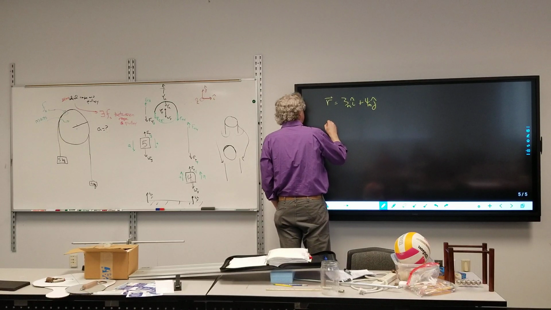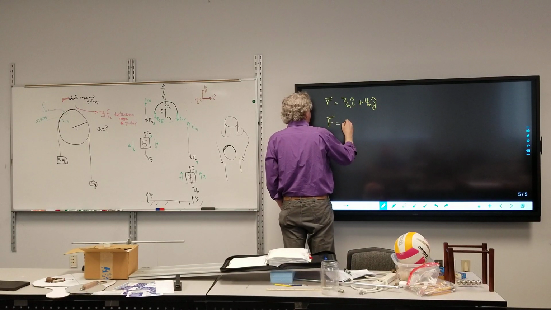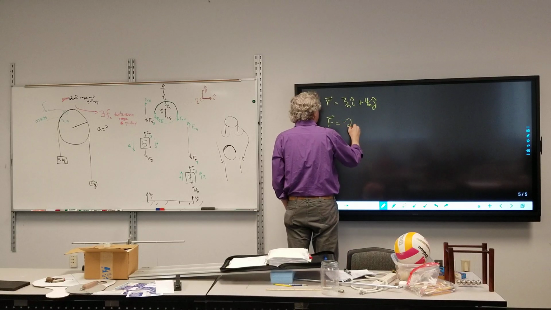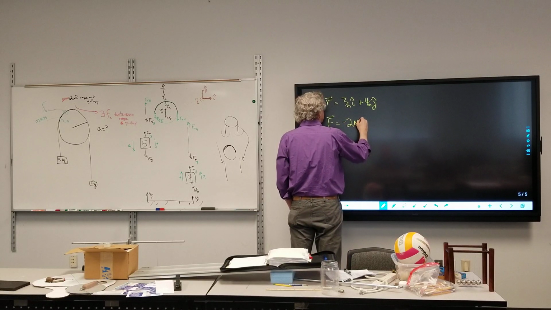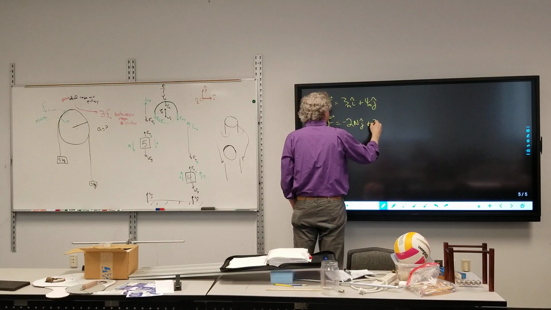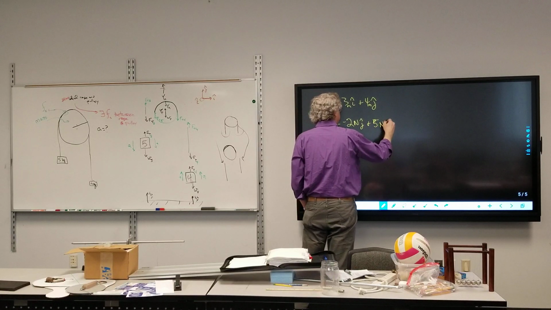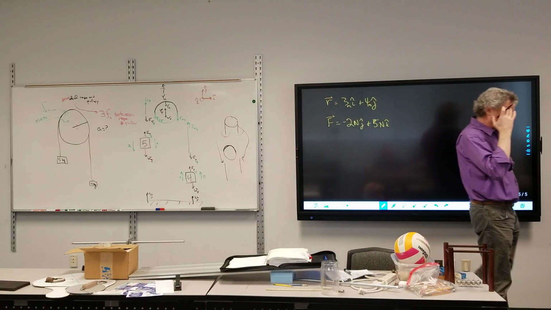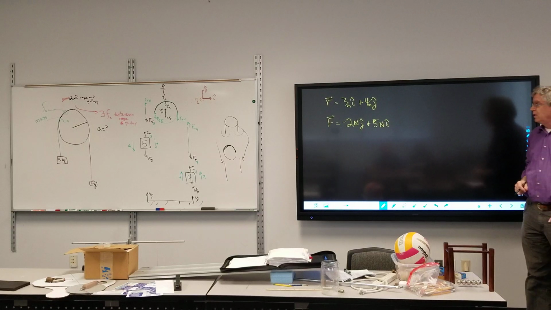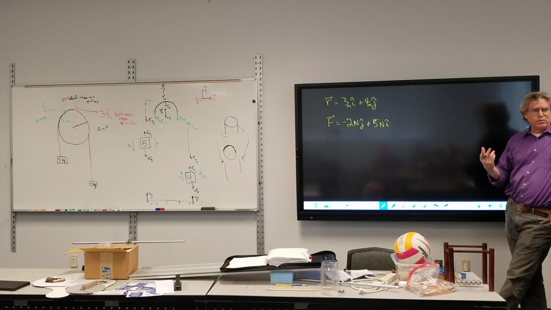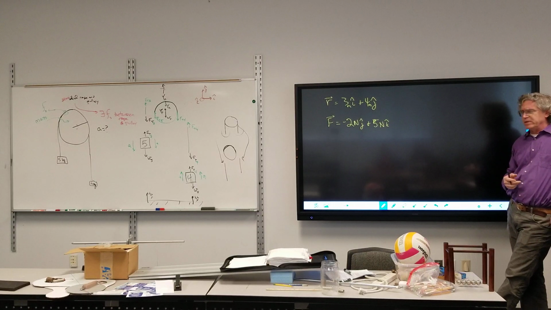And my force will be -2 newtons J hat plus 5 newtons K hat. There's no reason I didn't make it three-dimensional. Well, the problem is three-dimensional. There's no reason I didn't make R or F three-dimensional.